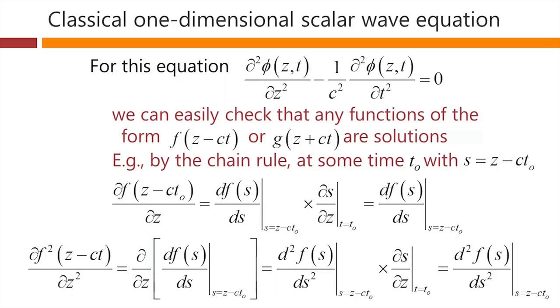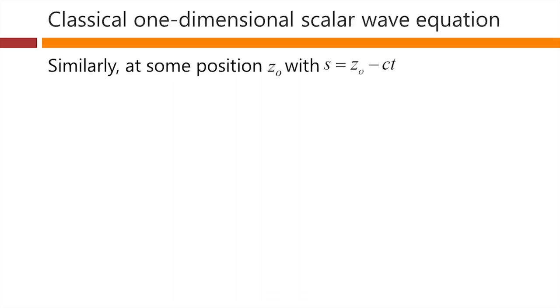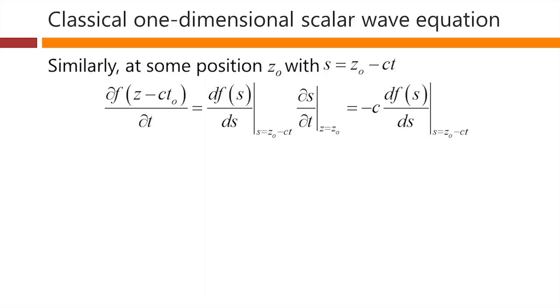Similarly, at some position z0, rewriting our auxiliary variable now, giving it another form as z0 minus ct, we can do the same kind of operation on figuring out the time derivative, and it follows the same procedure here.